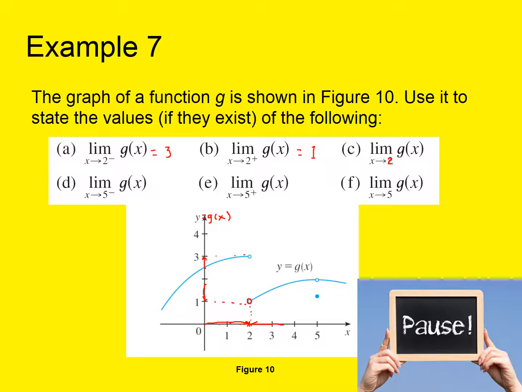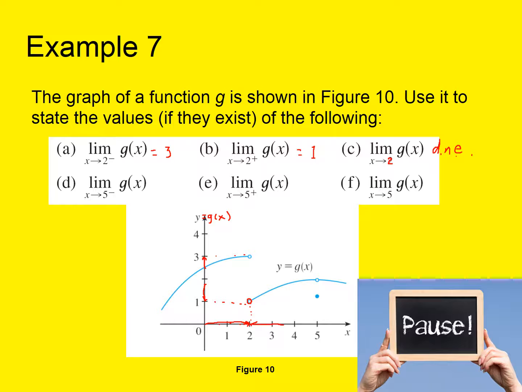That exists if and only if the left-hand limit exists and the right-hand limit exists, and they both have to be L, but they're not both L. They're different numbers. The answers to A and B are different. So this limit does not exist. There just is not a limit. You just can't talk about a limit like that, only a one-sided limit.